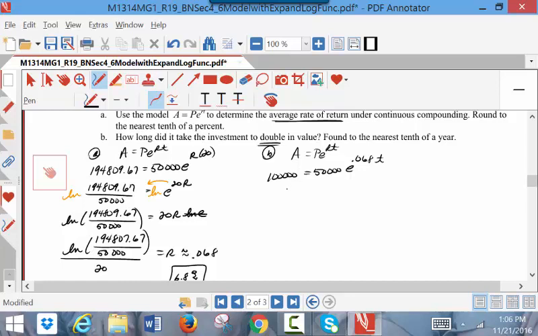So if I divide both sides by 50,000, it will be 2, the doubling amount. Tripling was a 3, doubling is a 2. Now take the natural log of each side. So I have the natural log of 2 equaling 0.068t natural log of E, where the natural log of E equals 1.